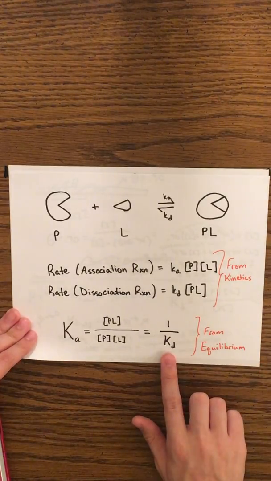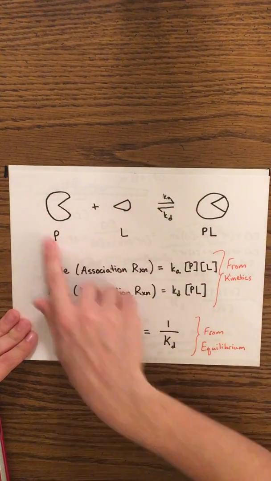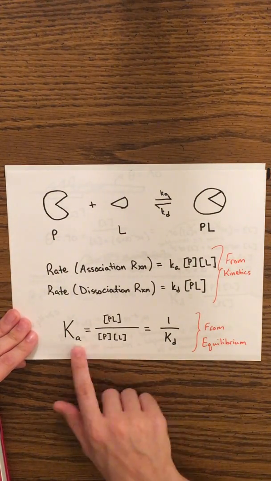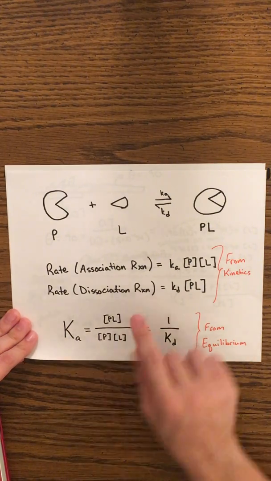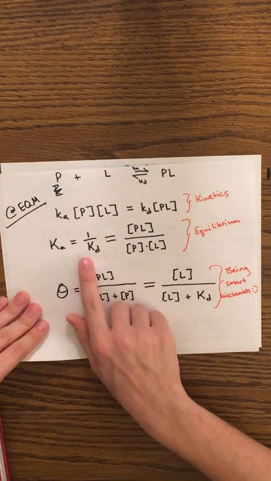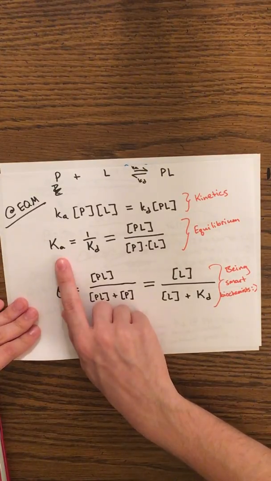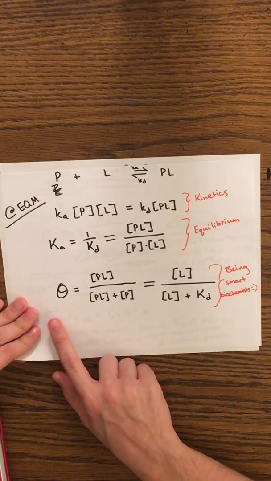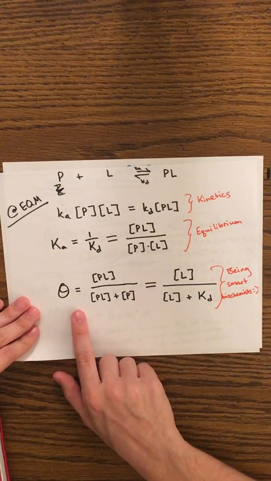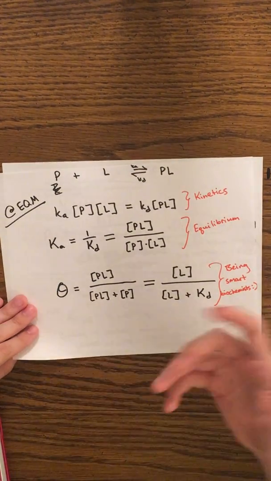Then we also talked about the equilibrium situation of this reaction setup. And so our equilibrium association constant is equal to this. And then the dissociation constant is really just the reciprocal of the association constant. And we also talked about a really useful analysis when we're looking at proteins that helps us determine the number of proteins that are bound to a ligand.